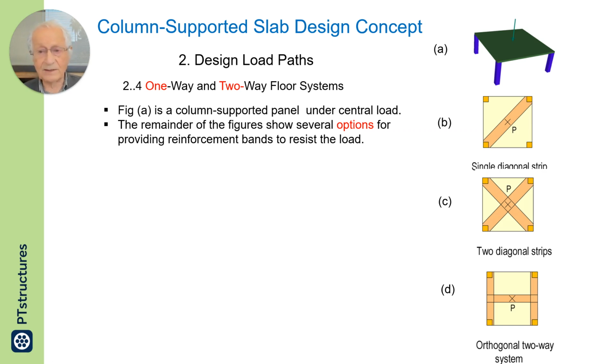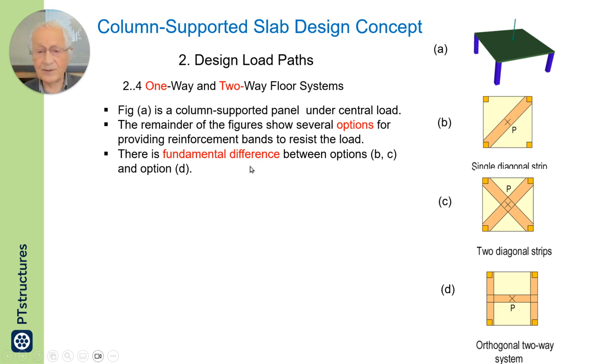Before you start your column supported design, you have to define it as a one-way system or two-way system. And these diagrams are intended to illustrate this. The remainder of the figures show several options. These are several options. This is the applied load.